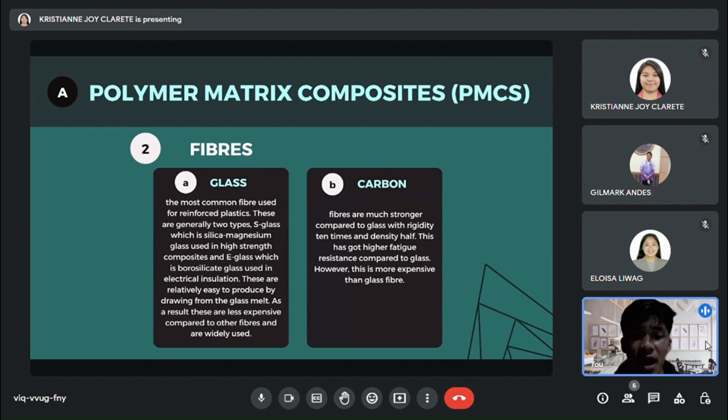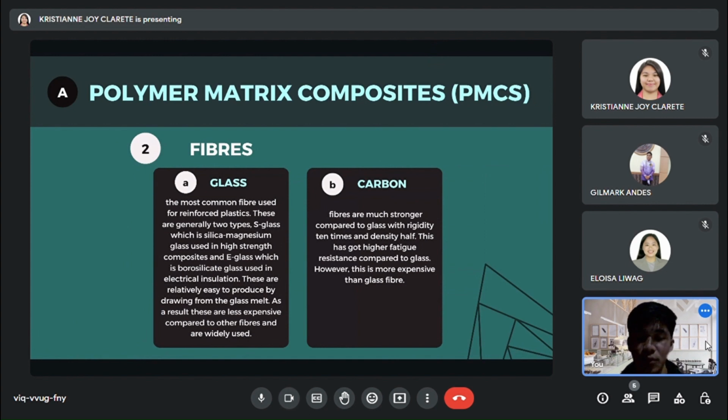By far, the most widely used fiber in high performance application is carbon. Carbon fibers have several advantages: high stiffness, high tensile strength, high strength to weight ratio, high chemical resistance, high temperature tolerance, and low thermal expansion.